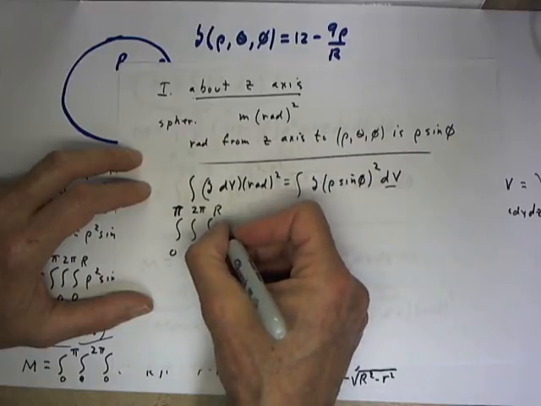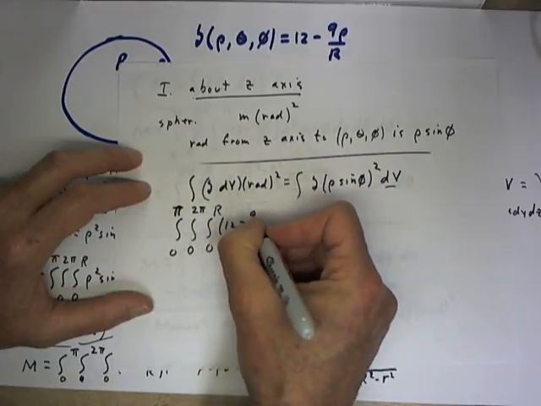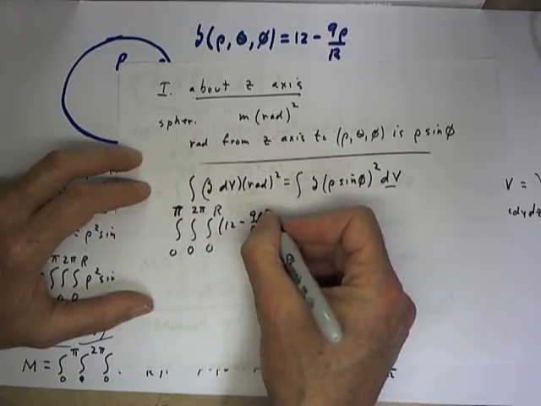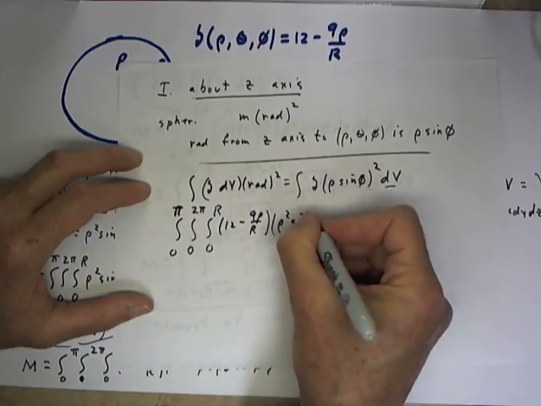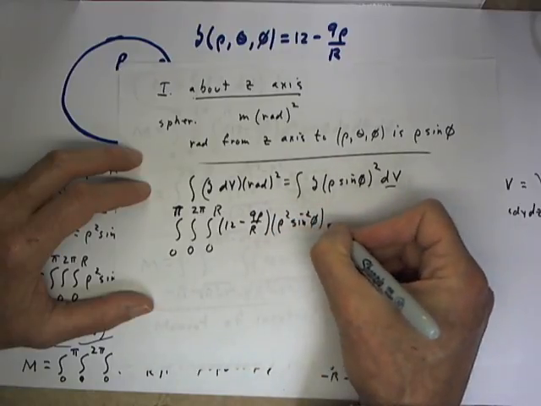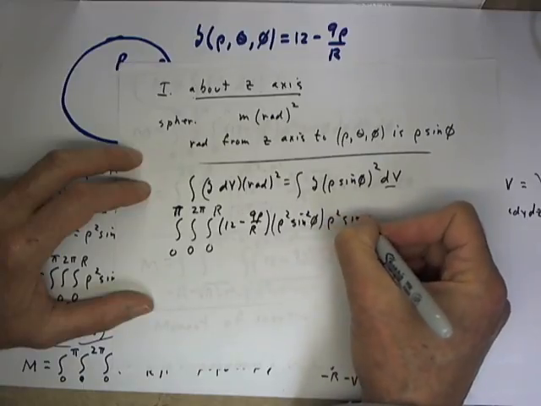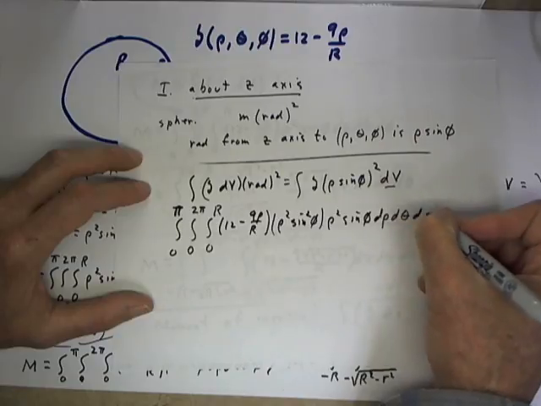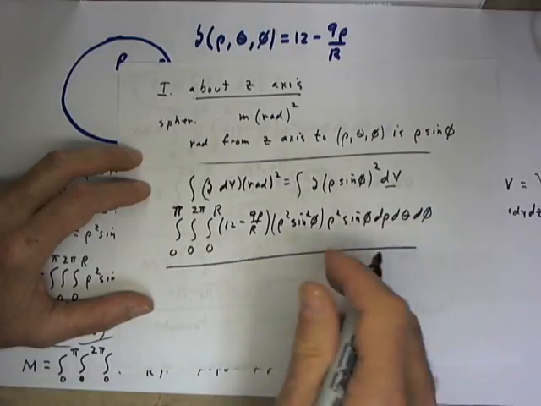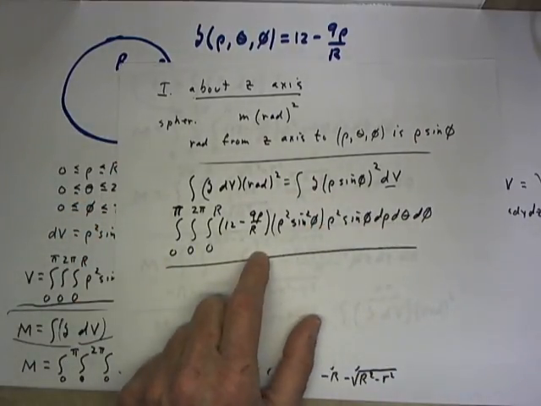Our delta function is going to be 12 minus 9 rho over r multiplied by rho squared sine squared phi multiplied by rho squared sine phi d rho d theta d phi. Okay, we've seen and performed this integral.